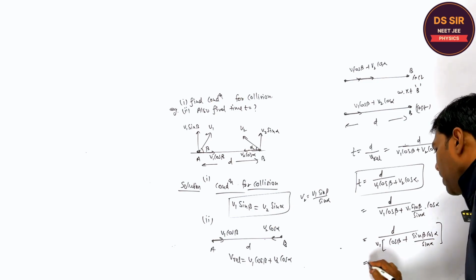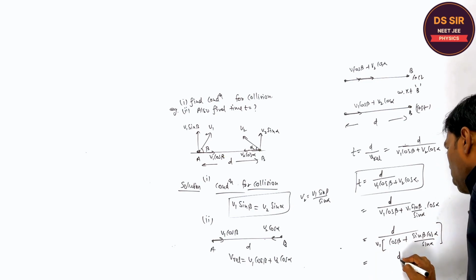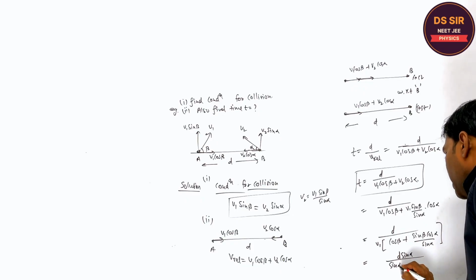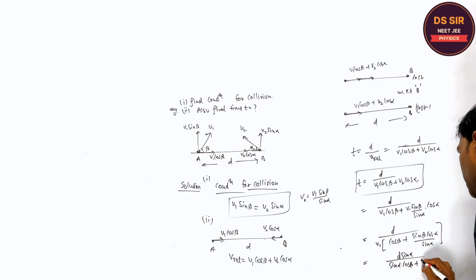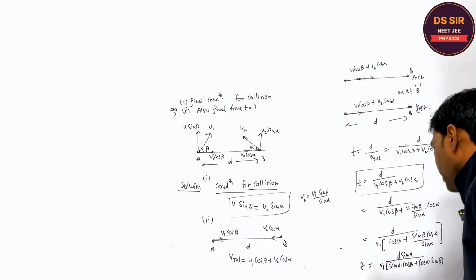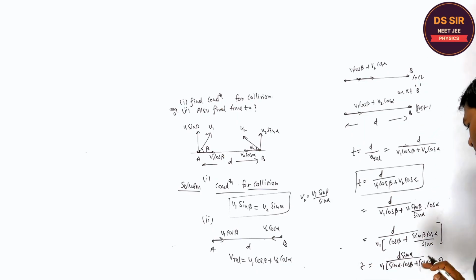When you simplify, sin alpha goes in the numerator, and it becomes sin alpha cos beta plus cos alpha sin beta.